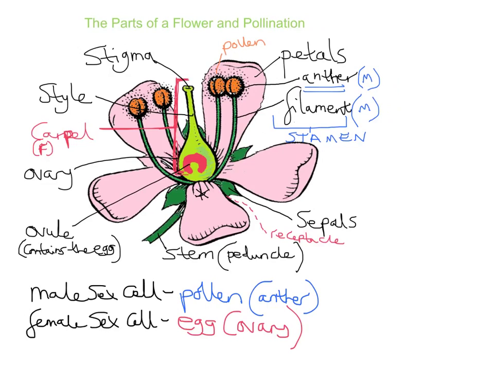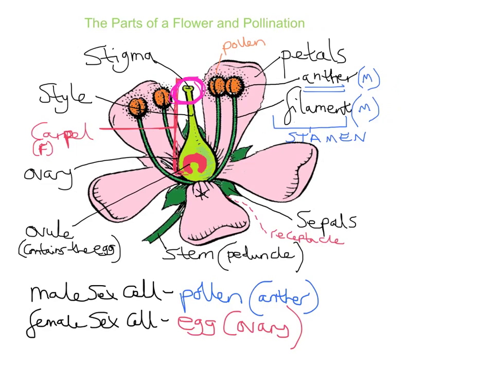So let's think about pollination and fertilization. For this, we need to almost zoom in on one particular bit, and it's this central carpel part, especially this region here that I'm just putting a big pink circle around.